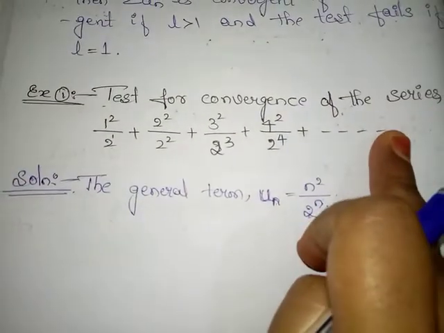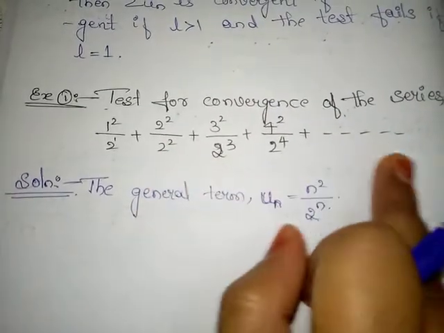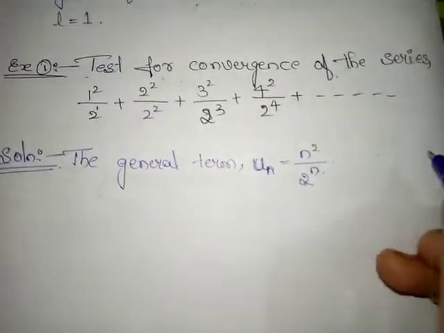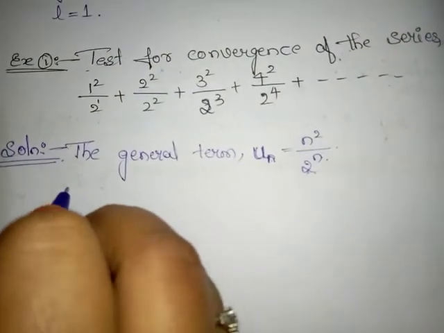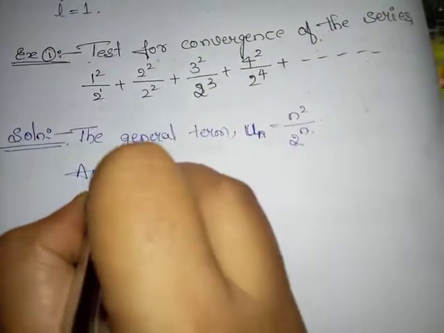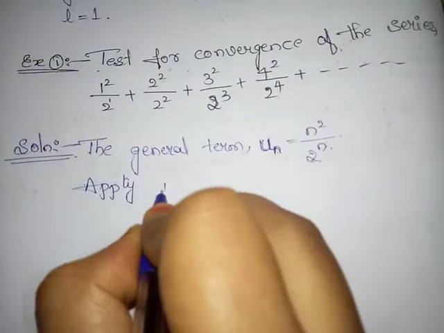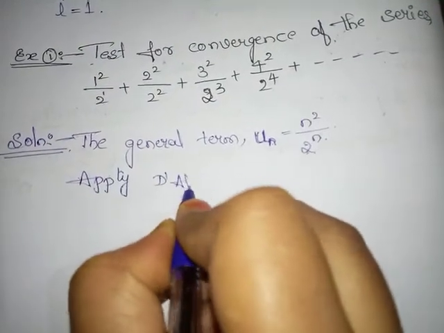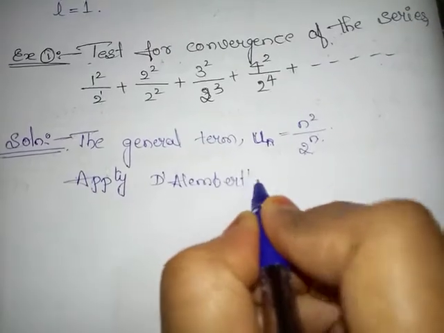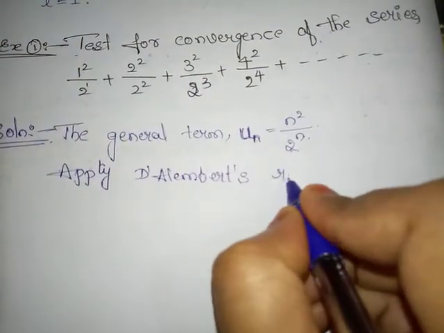Our un value, the nth term of this given series, is n square divided by 2 raised to n. And now we shall apply D'Alembert's ratio test.